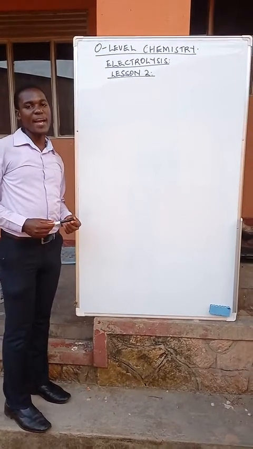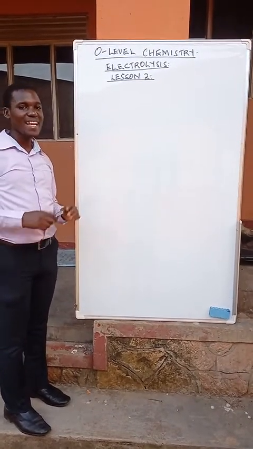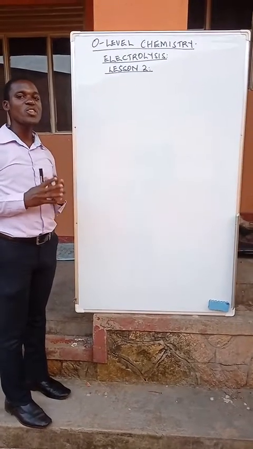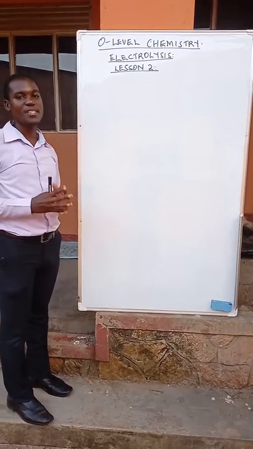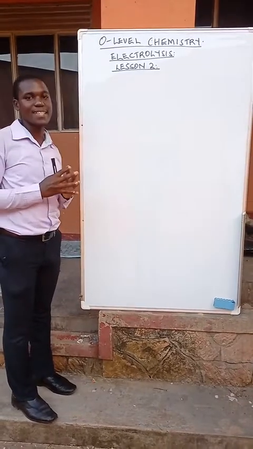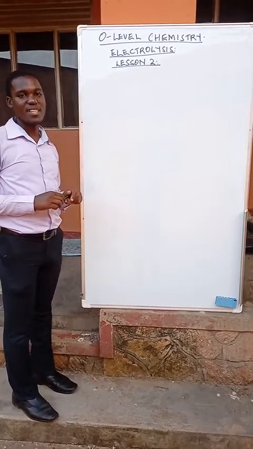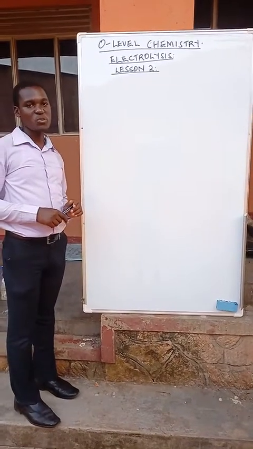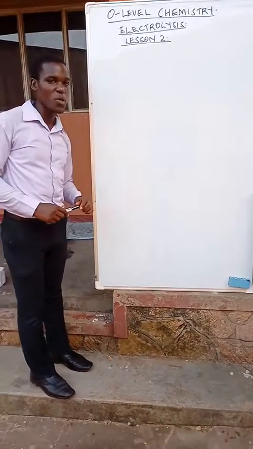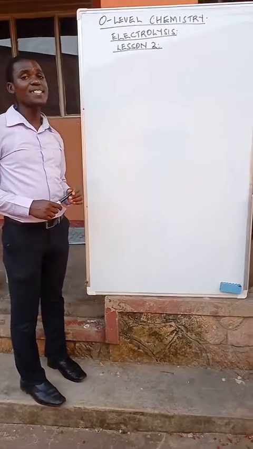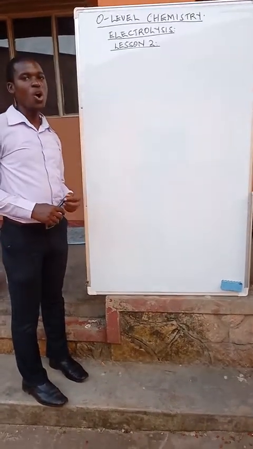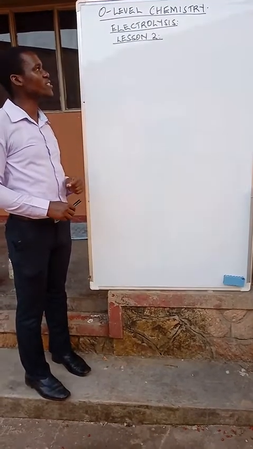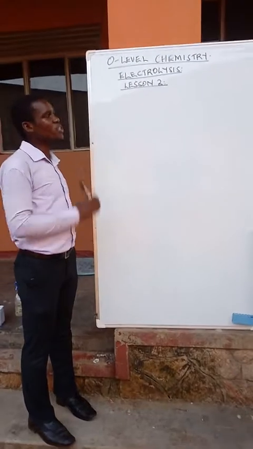Now, in lesson 2, we had ended at a point where we had clearly shown that metals are conductors and they use the free mobile delocalized electrons to conduct electricity. You understand? Yes. So we are talking about electrolysis, and as I told you at the start of the topic, here we look at the decomposition of compounds by using electricity, hence the name of the topic, electrolysis.